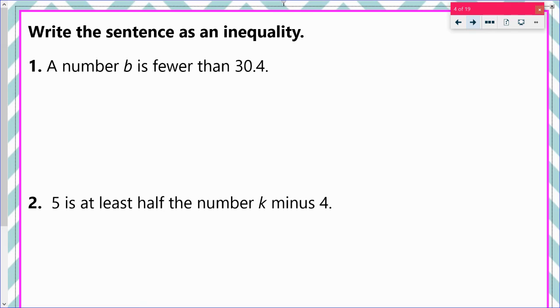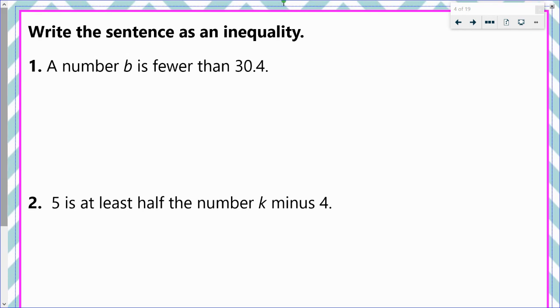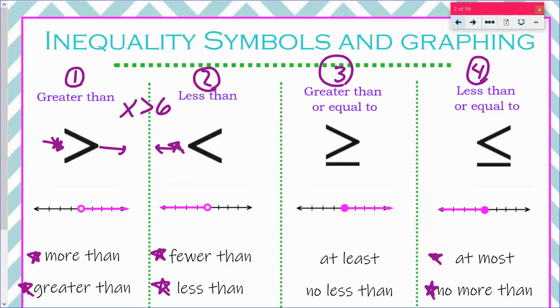Good. Let's try another one. A number B is fewer than 30.4. Okay, so I'm going to underline keywords. Now, fewer than. Okay, well, if you look back at our chart, fewer than is under the less than symbol.